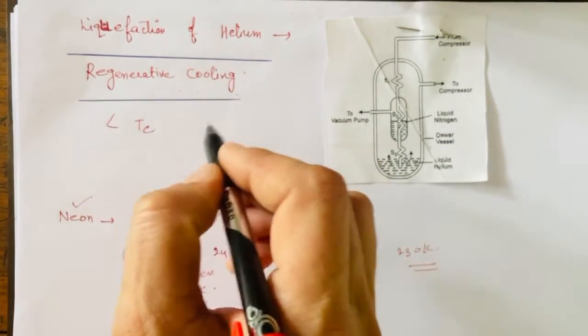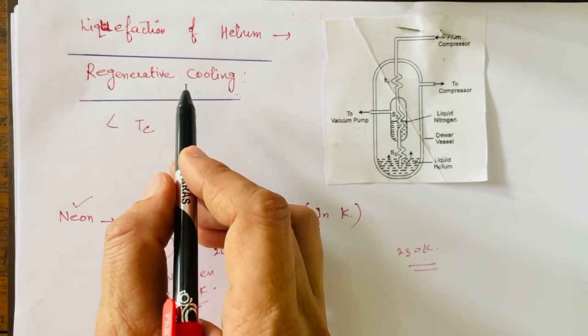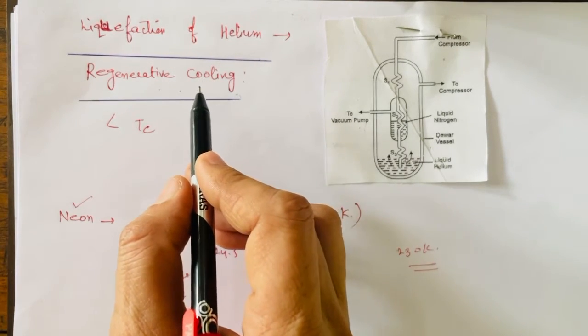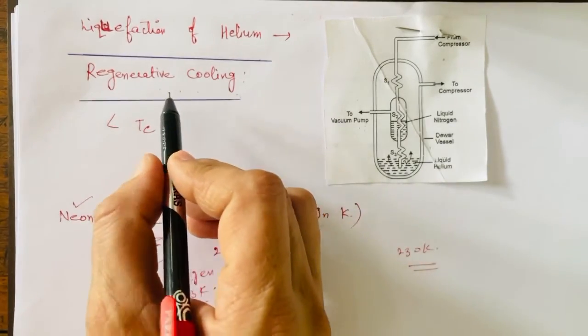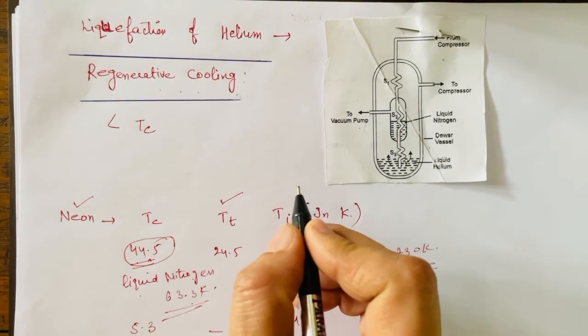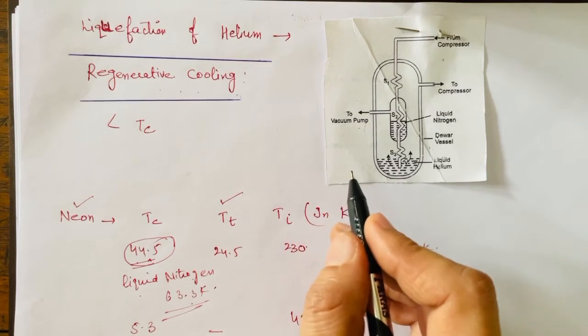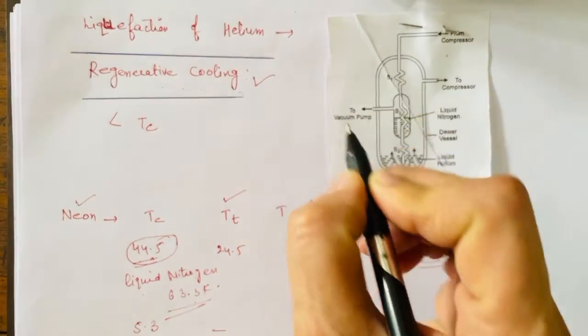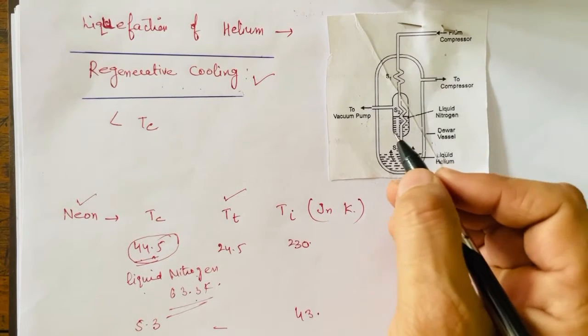What is the drawback of the Joule-Thomson effect? It produces small cooling in most gases. This drawback has been removed by a process known as regenerative cooling.